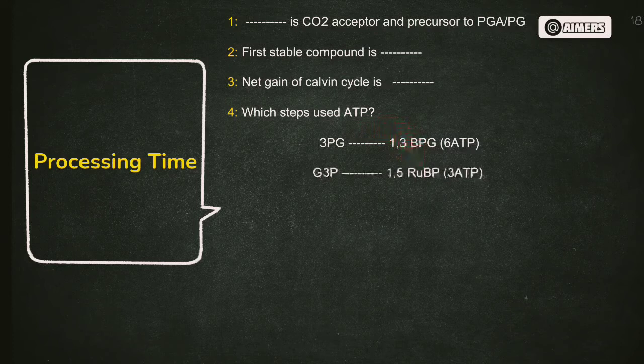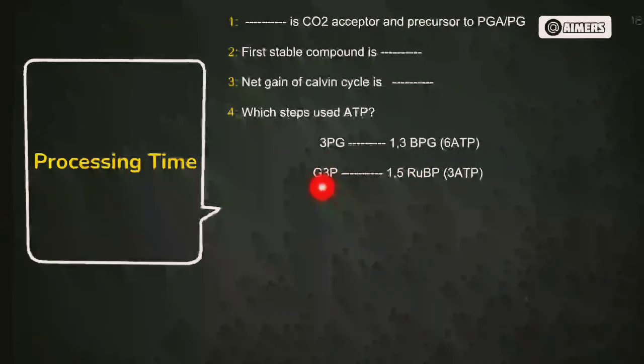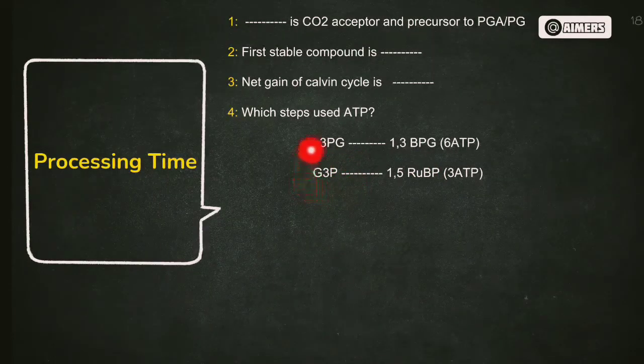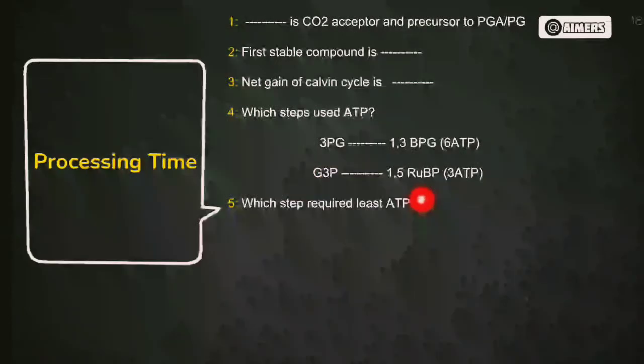And the second step was the conversion of G3P into 1,5-ribulose bisphosphate. You saw that G3P had only a phosphate group on the 3rd carbon, so we rearranged this G3P into 5 carbons, and then a phosphate group was attached on the carbon number 1, and on this step 3 ATP molecules were used. Got it?